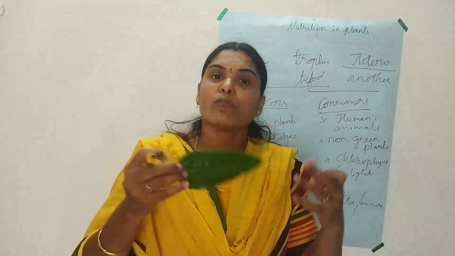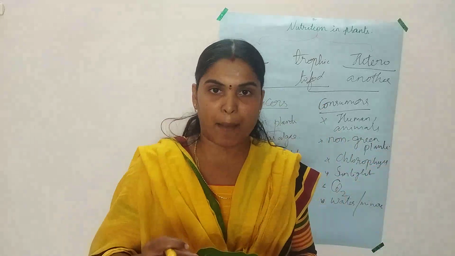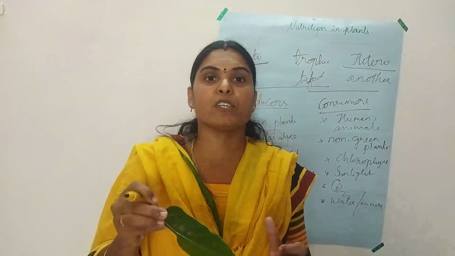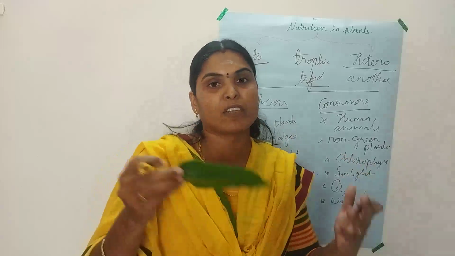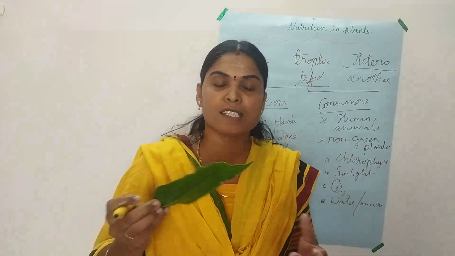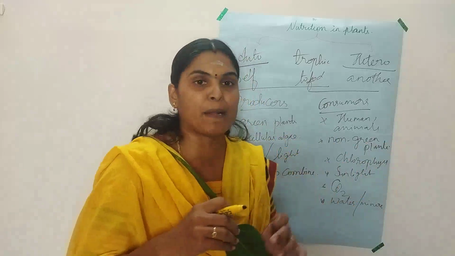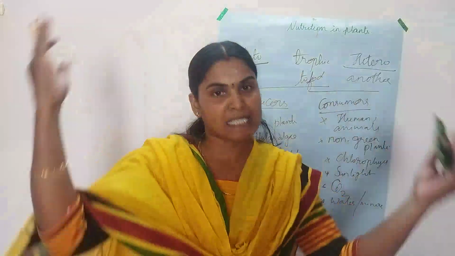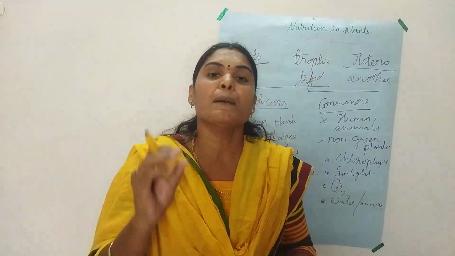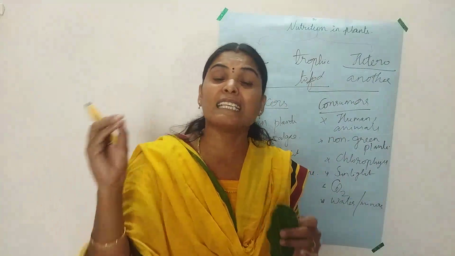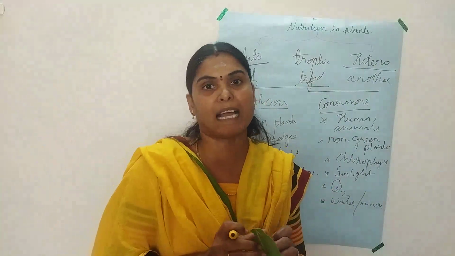Next, sunlight. Without sunlight, photosynthesis cannot happen. In the absence of sunlight, photosynthesis cannot happen. Next, carbon dioxide. Carbon dioxide is present widely in the atmosphere but in a very small percentage. This has to be absorbed by the plants.